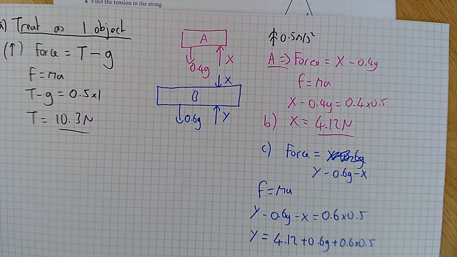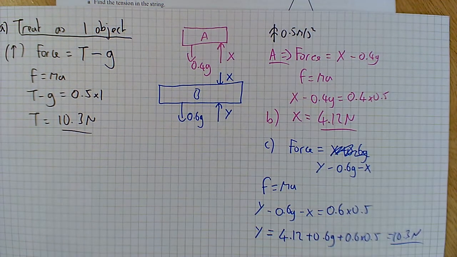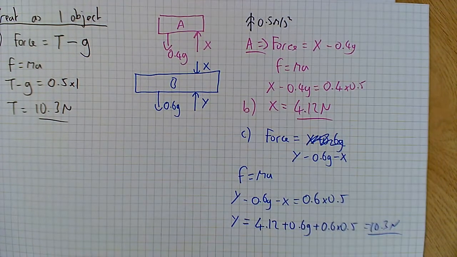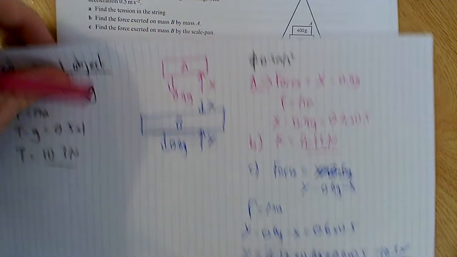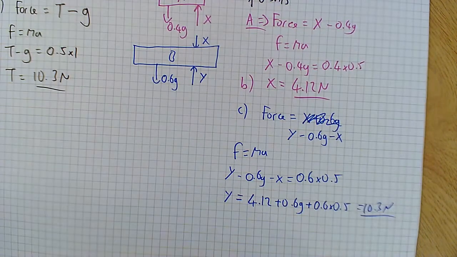Add them all together, which is 10.3 newtons. So Y is a force of 10.3 newtons, and that is the force coming from the scale pan itself. So the answer to part C is there for you.